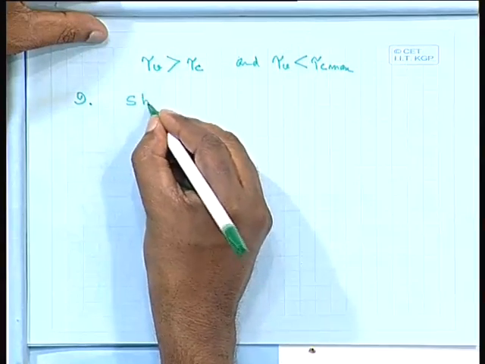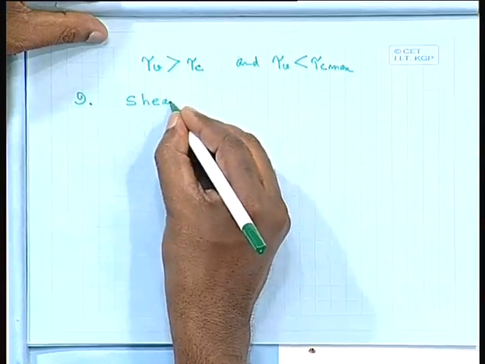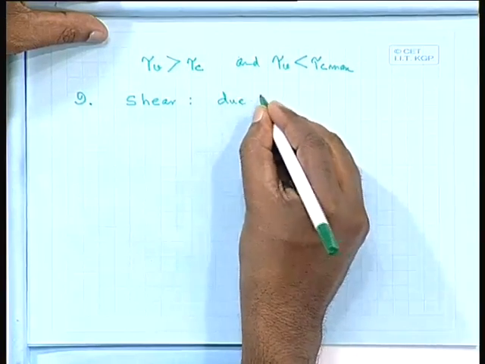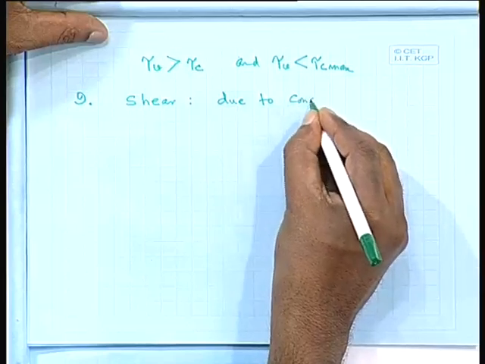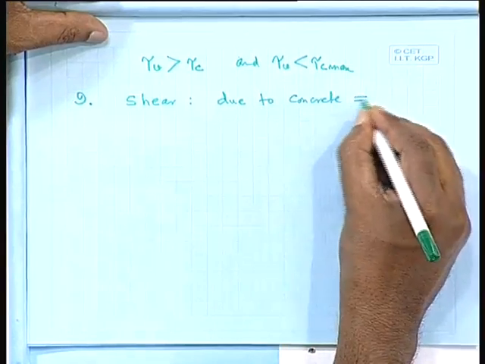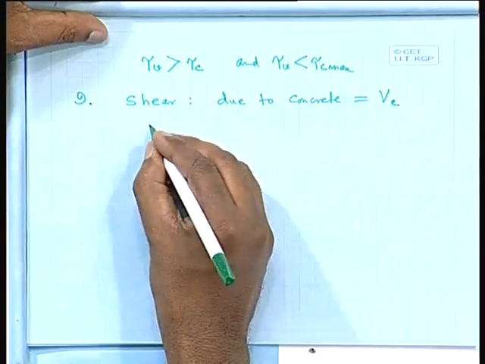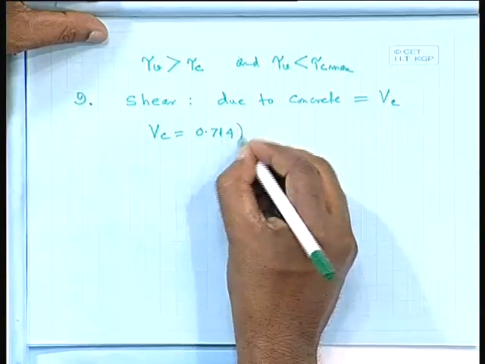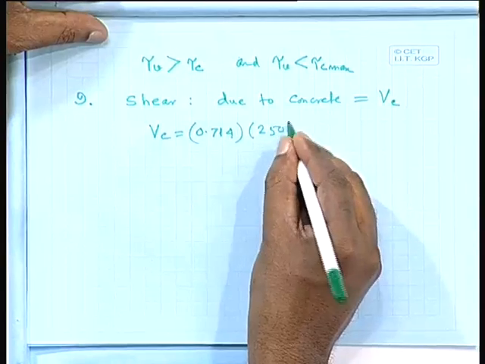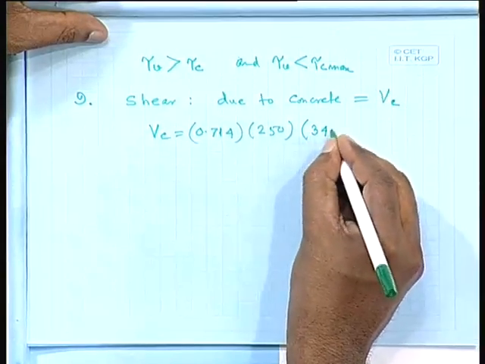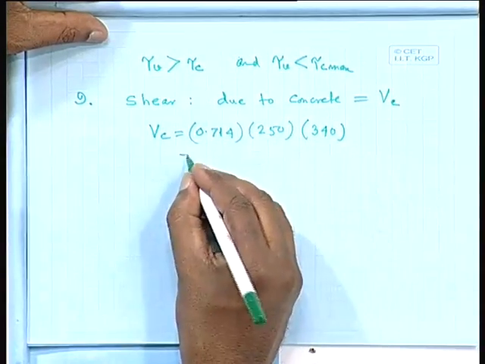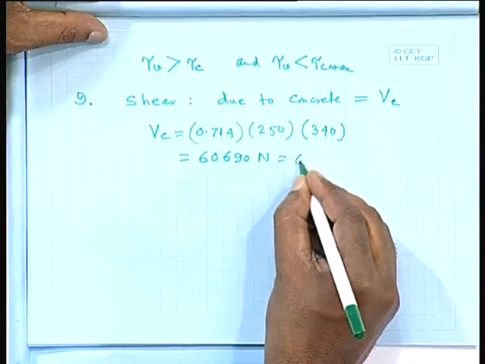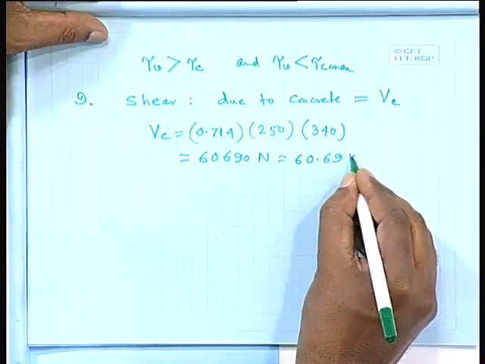The shear due to concrete, let us say VC, equals 0.714 times 250 times 340, which comes as 60.69 kilonewton.